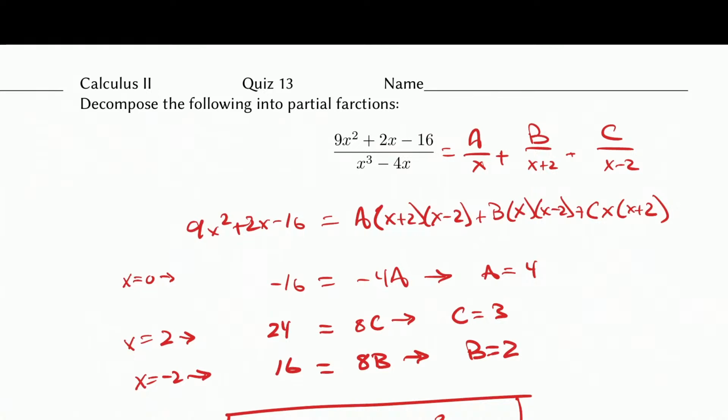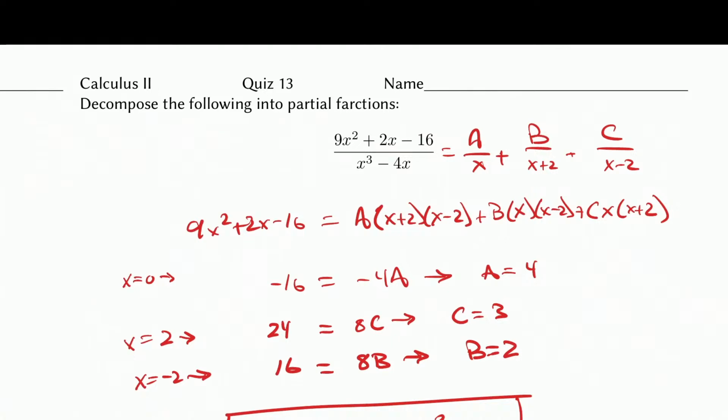This is 0, but this is C times 2 times 4, which is 8C. On the left, I got 24. Once again, I hope I did my arithmetic correctly. And so that gave me C equals 3. And then when I picked x equals negative 2 in order to zero out those two terms, I ended up with 16 is equal to 8B, which gave me B equals 2.